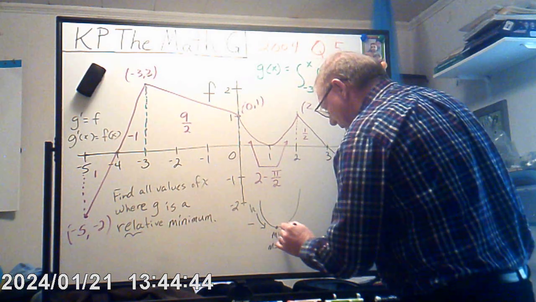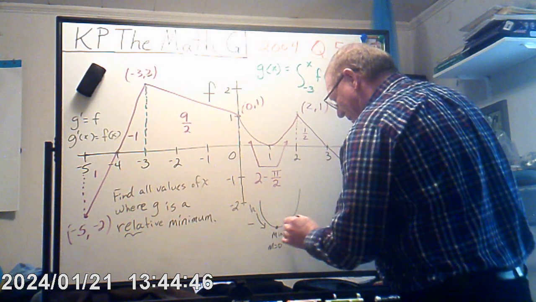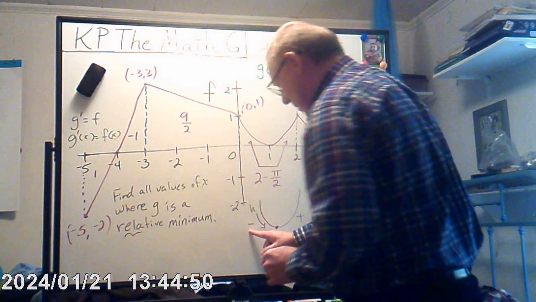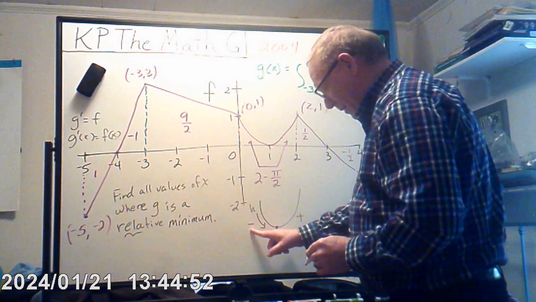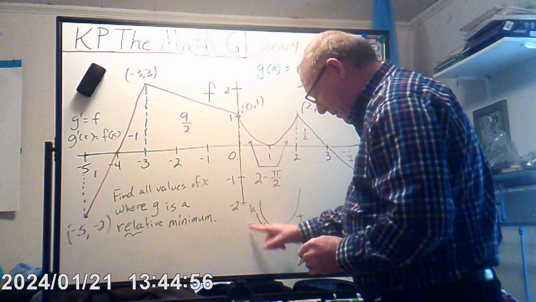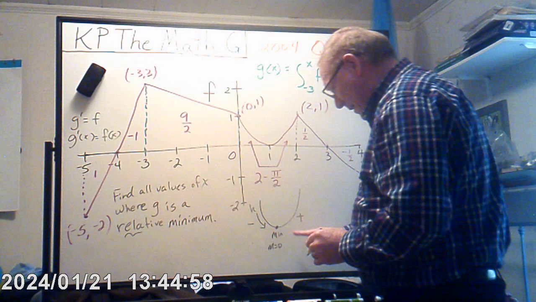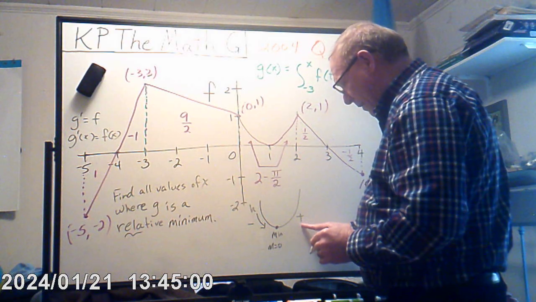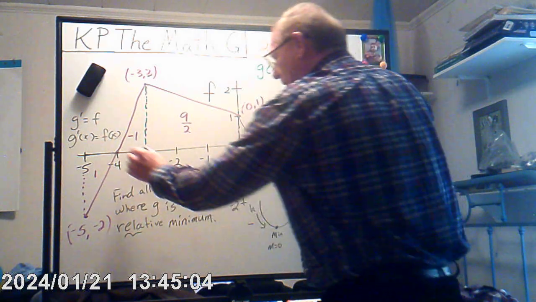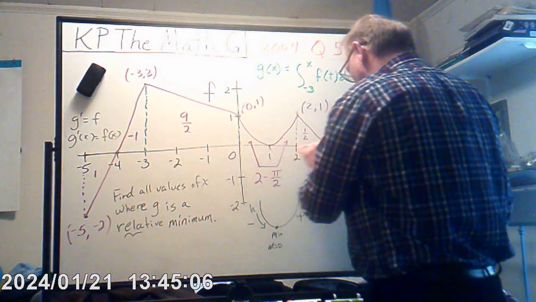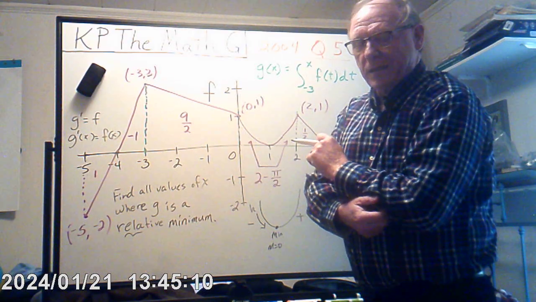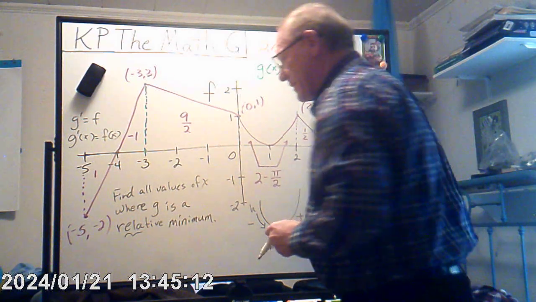Then the slope is greater than 0, it is increasing. We want the slope to be 0. There are 3 places where the slope is 0, where it crosses the x-axis.